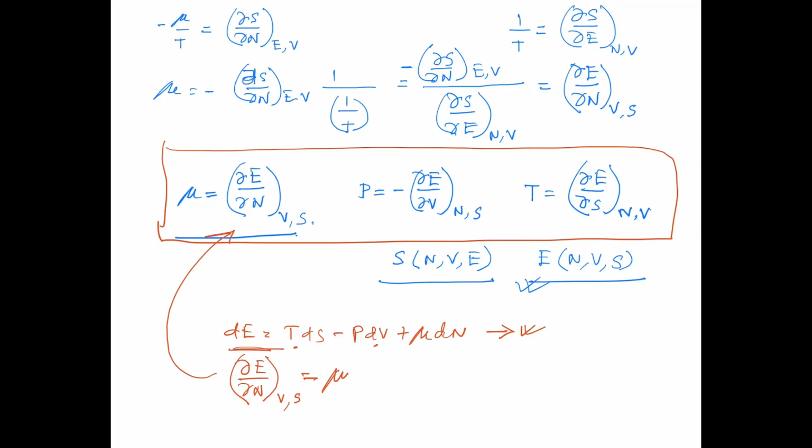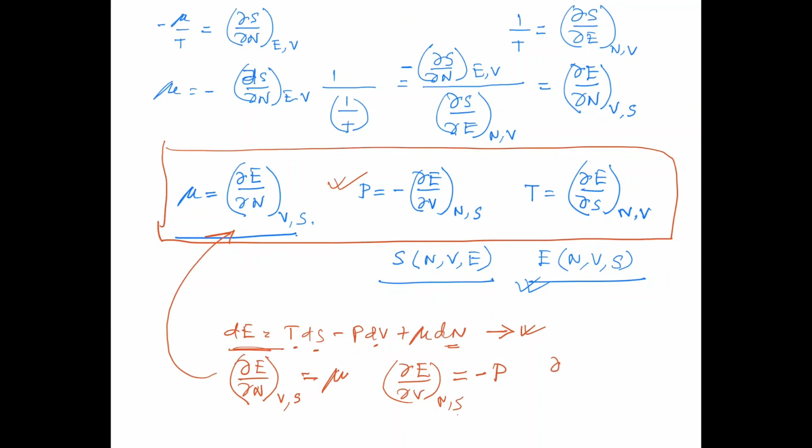Now from this equation only, dou E by dou V at constant N and S. Constant N, so this term is 0 dN, and constant S, so TdS is 0. So dou E by dou V from here will be minus P, exactly as we have over here.